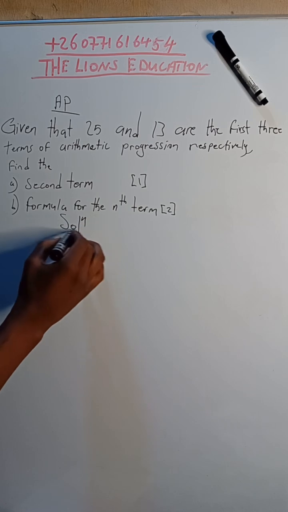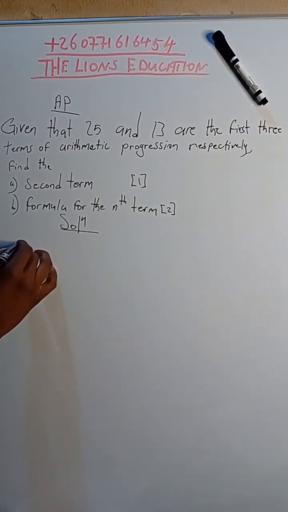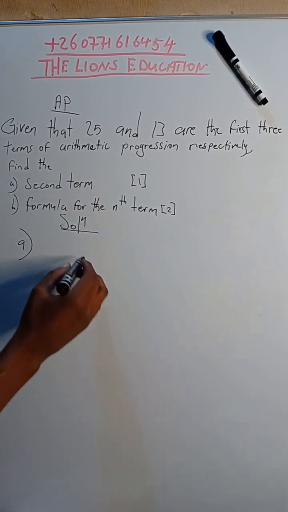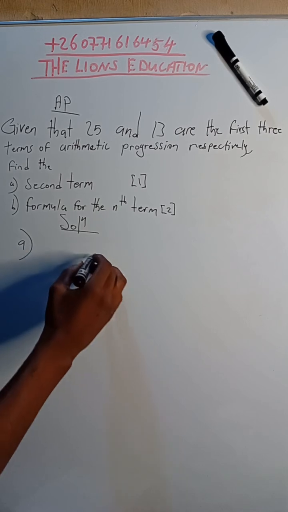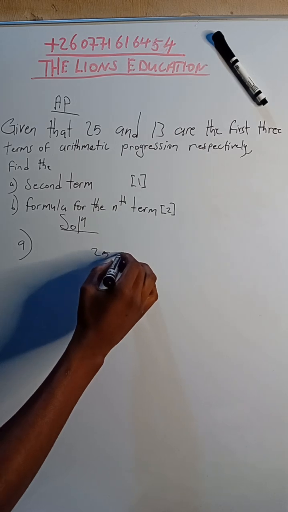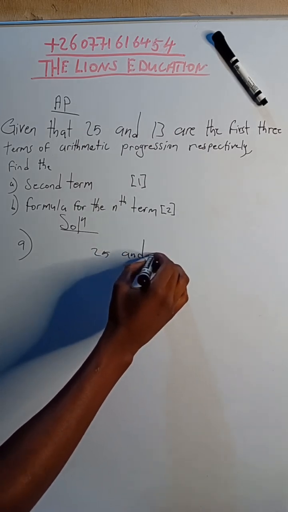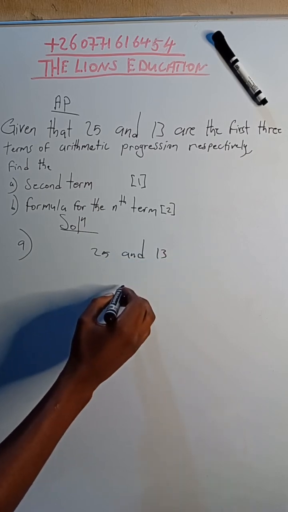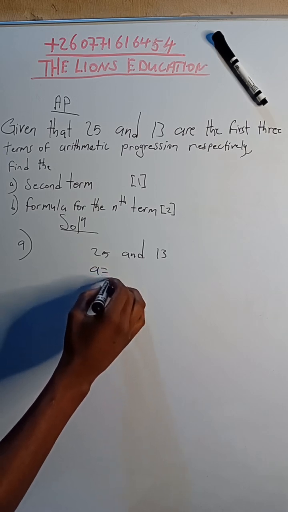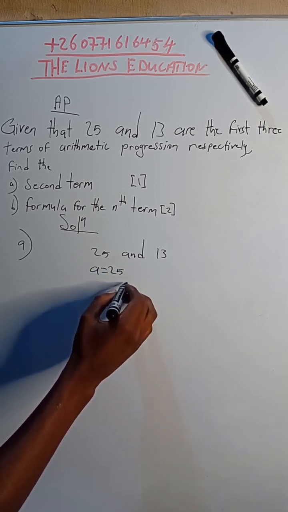Let's write the solution. So for A, what do we need to know? The numbers that we are given are 25 and 13. This is our first term, which is A. So A is 25.